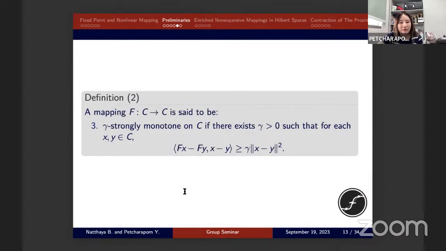And the mapping F is said to be gamma strongly monotone on C if there exists gamma greater than 0 such that for each x, y in C, the inner product of F(x) minus F(y) and x minus y is greater than or equal to gamma times the norm of x minus y squared.